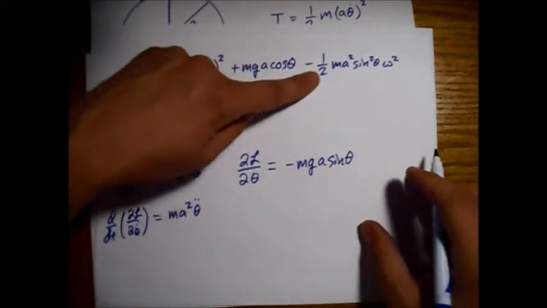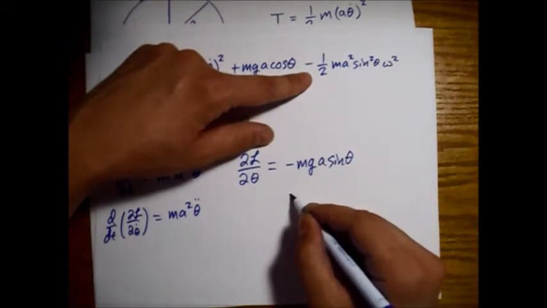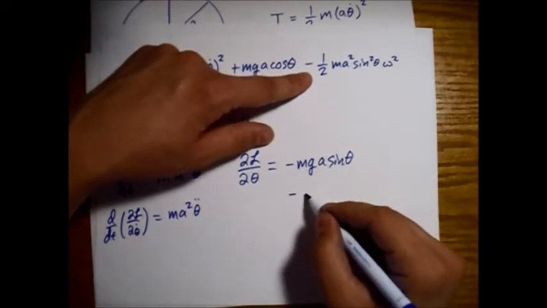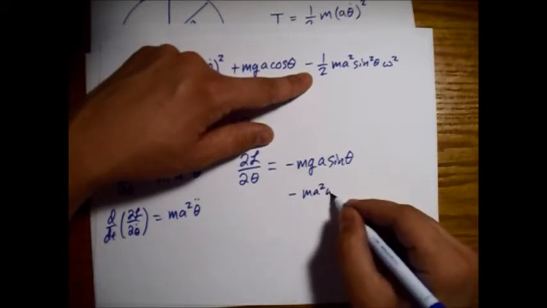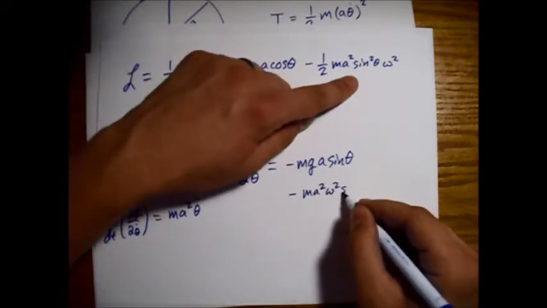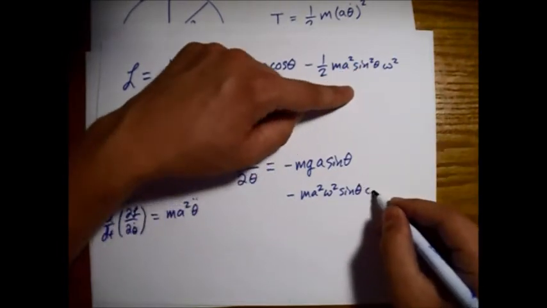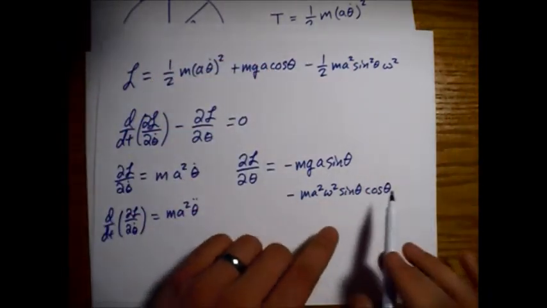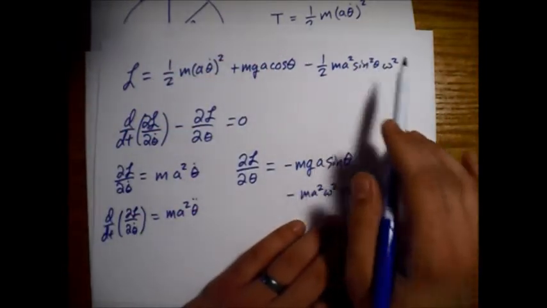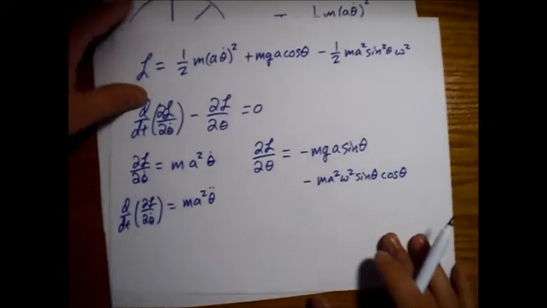And then here we have a minus ma squared omega squared and then we'll have a sine squared multiplied by the derivative of sine squared, which is just cosine. So this sine squared goes away, and we just have a sine cosine. So here we go.